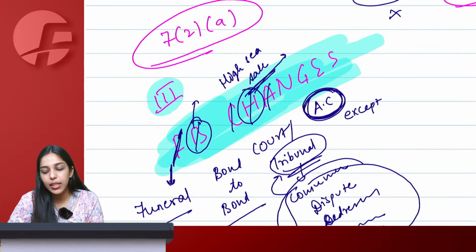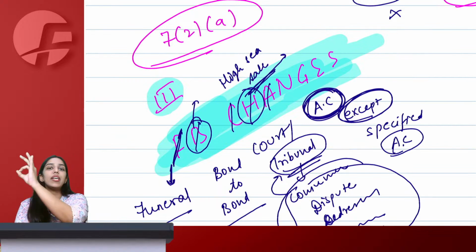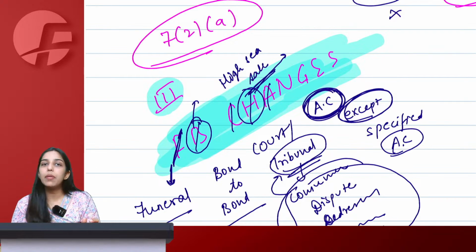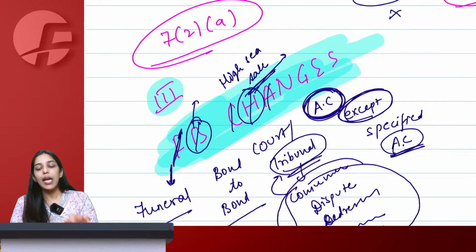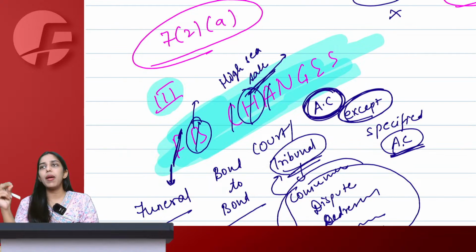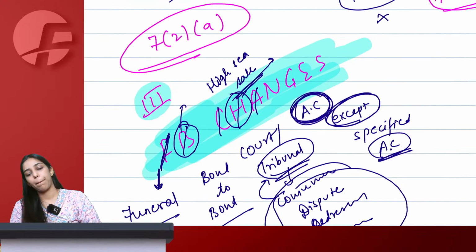Except, here is the catch, specified actionable claims. Quickly tell me the 6 specified actionable claims that I made you remember in the first half an hour of the session, and I told you we will require this when we go to the chapter of supply. Anyone, do you remember the 6 specified actionable claims?